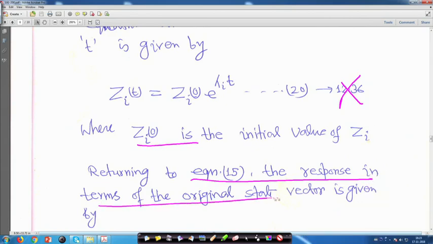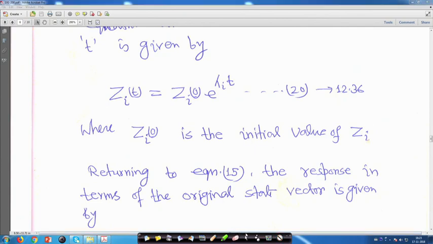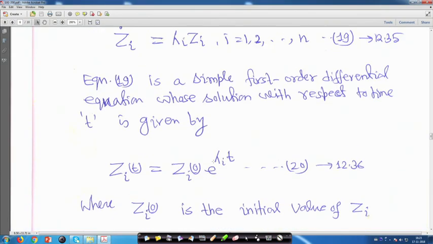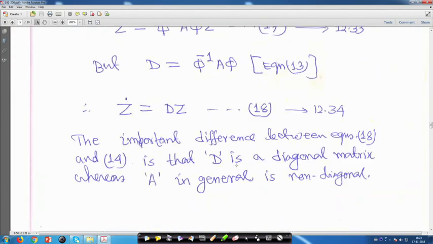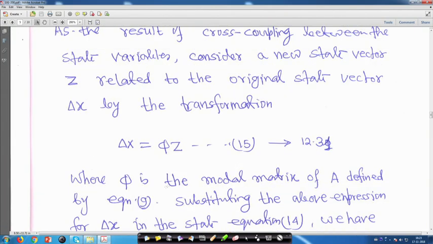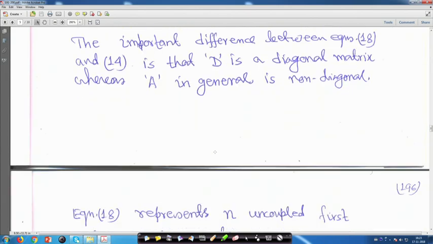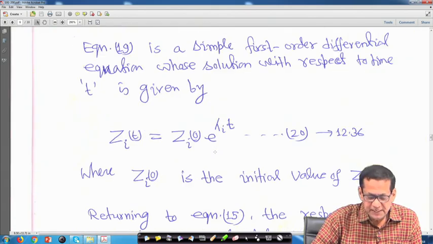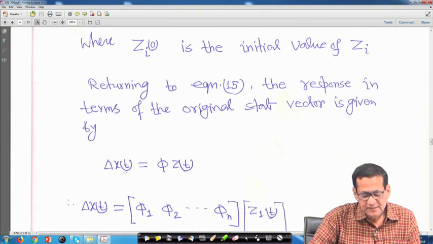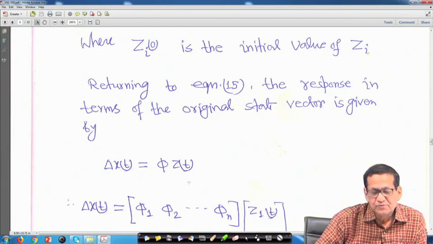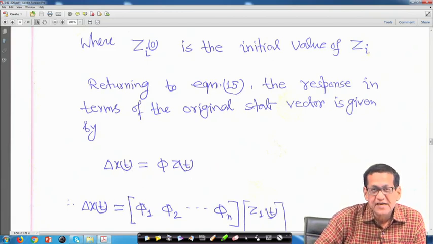Now returning to equation 15, the response in terms of the original state vector is given by delta x is equal to phi z, that is equation 15, and we have got the expression for z. Delta x is equal to phi z is true, but it is a time function.